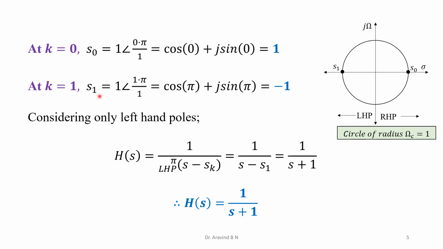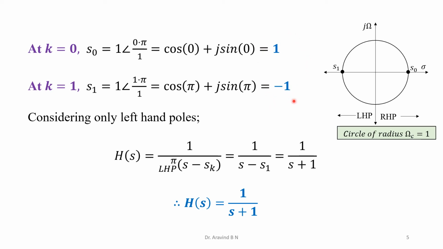At k is equal to 1, S1 is equal to 1 at an angle of 1 pi divided by 1. So this denominator 1 is the order of the filter, and this numerator 1 is the value of k. So we get cos pi plus j sin pi, that is equal to minus 1.